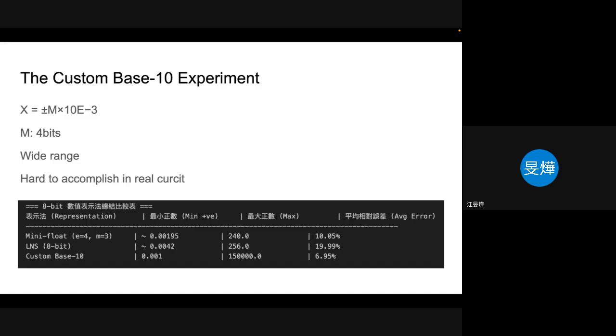If you need a general purpose CPU balancing addition and multiplication, I think minifloat is still the best compromise. But if you are building an AI accelerator or doing probability multiplication or something, LNS is, I think, the best.